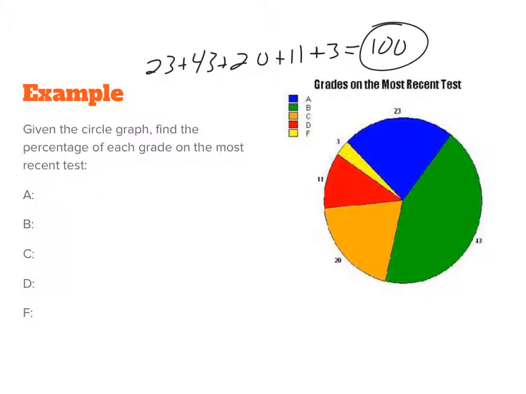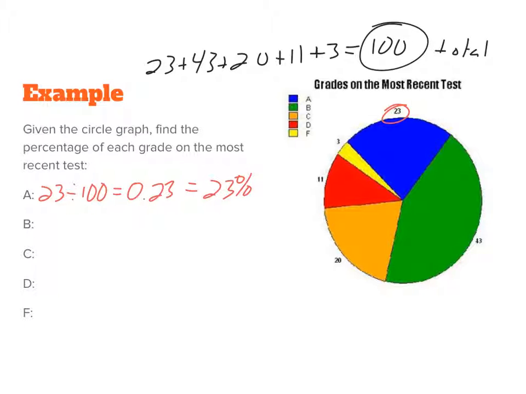So 100 is my total that I'm going to use. So for this first one, for the A's, there are 23 A's. So I'm going to do 23 divided by 100, which gives me 0.23. If I turn that into a percent, it gives me 23%.